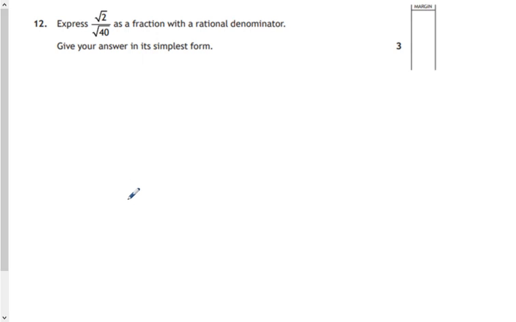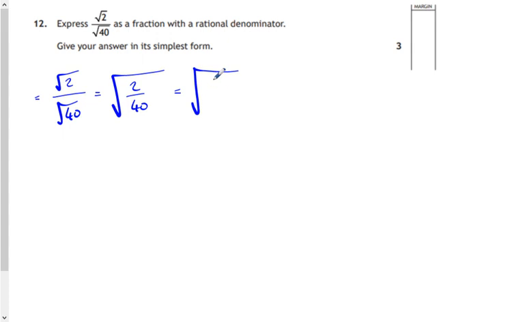Question 12. Express root 2 over root 40 as a fraction with a rational denominator, giving your answer in its simplest form. Okay, so let's have a little bit of a play about with this. Root 2 over root 40, well, that's the same as the square root of 2 over 40, which is the same as the square root of 1 over 20.